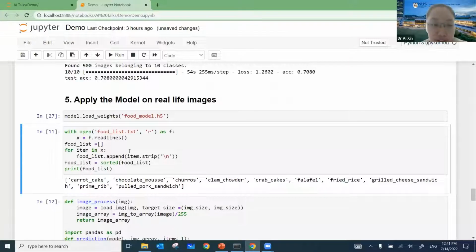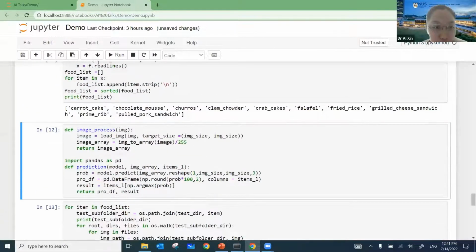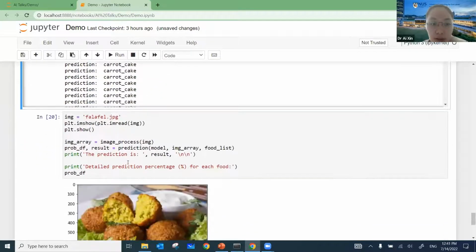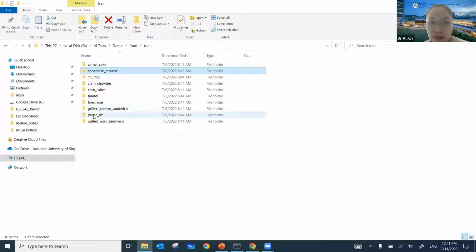I give it a food image, and then it will be able to tell whether it is a falafel or a fried rice or something else. But the image needs to be in these 10 categories. If it is not in any of them, then you will probably see some weird percentages.